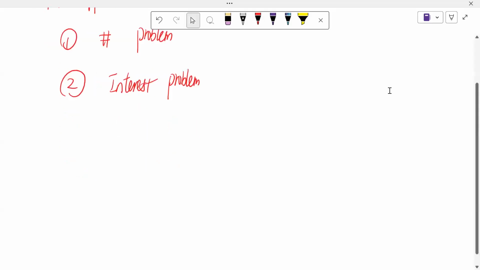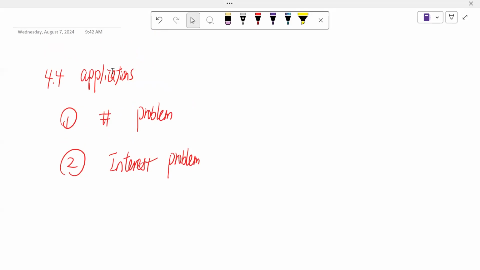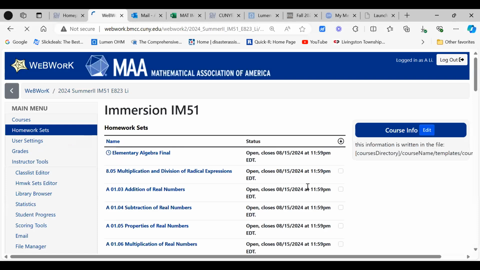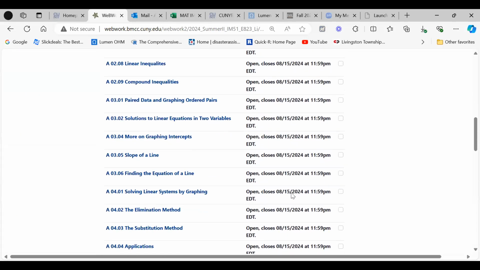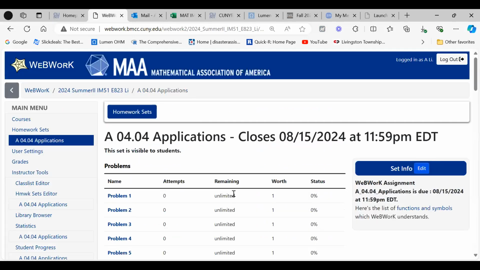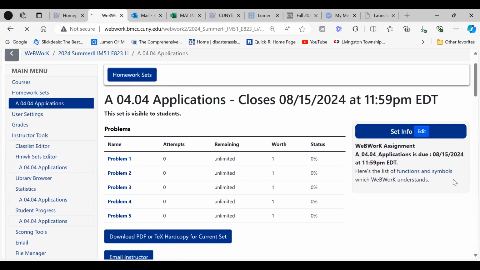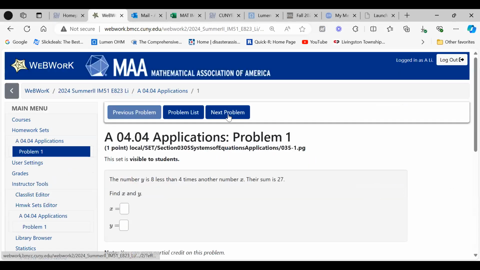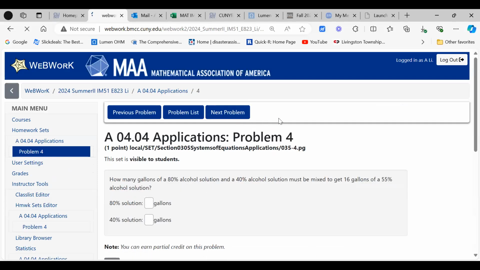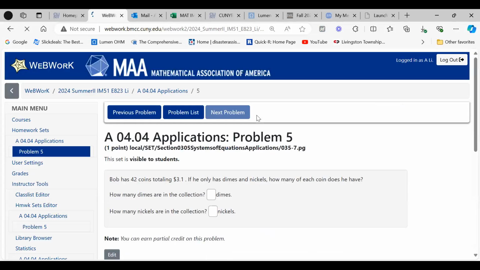And so let's see any good questions from your system. 4.4 application. So several questions here. This is a number problem, a ticket problem, and a coin problem. Very good.